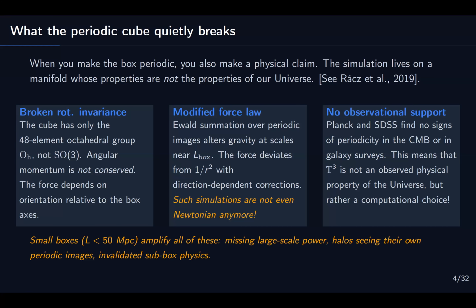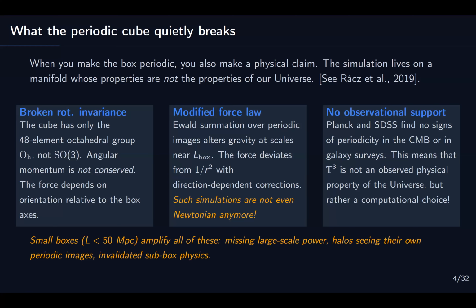The other thing is the force law, the Newtonian gravity equation I showed you before. It is also distorted in a box. When you simulate a periodic box, a particle is affected by an infinite amount of its mirrored images in every direction.